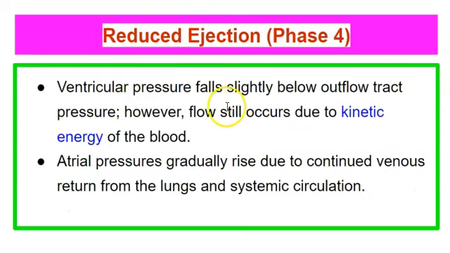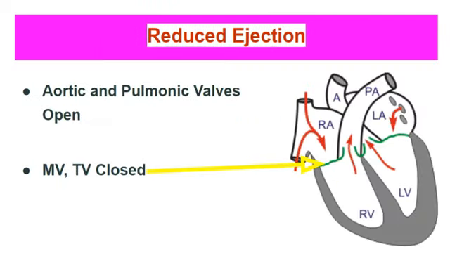Ventricular pressure falls slightly below the outflow tract pressure. However, flow still occurs due to the kinetic energy of the blood. Atrial pressures gradually rise due to continued venous return from the lungs and systemic circulation. So in the atria, the blood is always coming in.